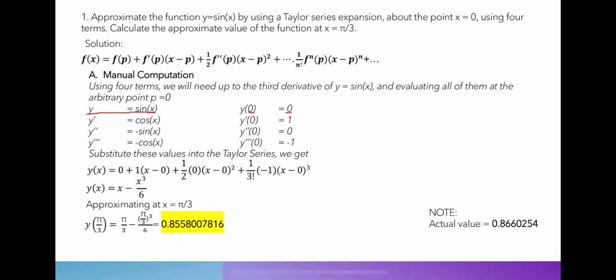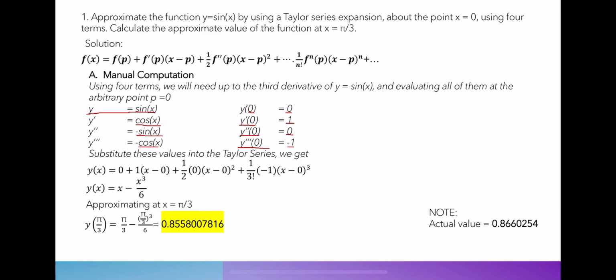The first derivative is cosine x, so y prime of 0 is cosine 0, which gives us 1. Then y double prime is negative sine x, so y double prime of 0 is negative sine of 0, which is equal to 0. Then y triple prime is negative cosine x, so y triple prime of 0 is negative cosine of 0, which is equal to negative 1.